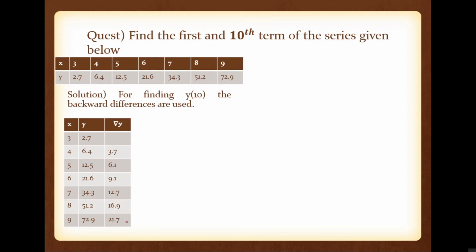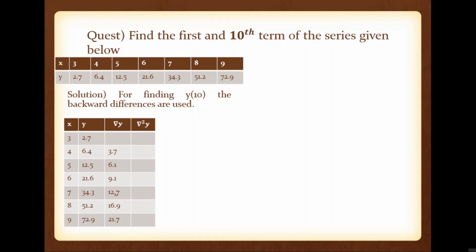So again you have to start from the last one. So 21.7 minus 16.9, so 4.8. Then next one is 16.9 minus 12.7. It's 4.2. Easily we can calculate 4.2.